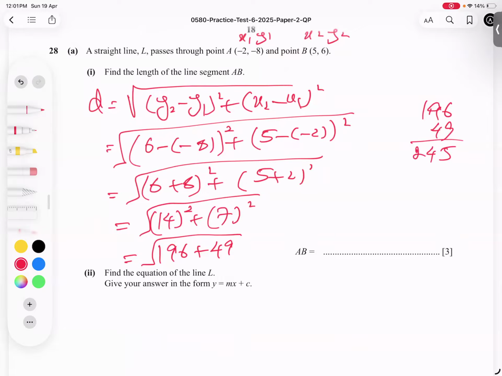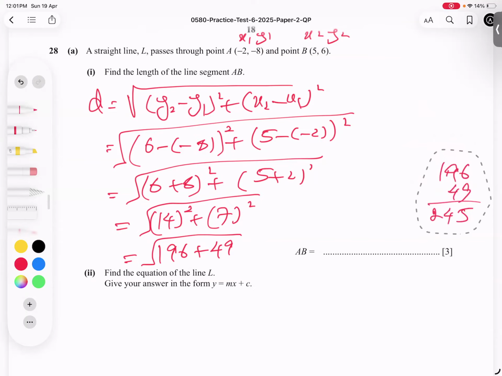Now, how do we write 245 in the required form? Look now, students, 245. If you don't know, we can do it like this. Table of 3, 3 eights are 24, but 3 does not work here.